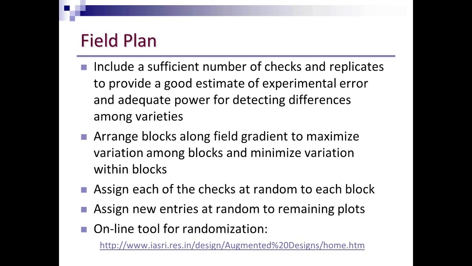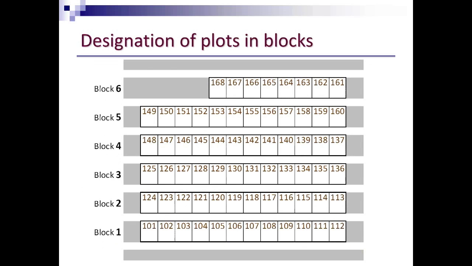You have to assign each of your checks at random to each block, and then after that you would assign your new entries at random to the remaining plots. There's also an online tool to generate a randomization. I just use the random number generator in Excel to do mine. It's not hard to do, but that online tool is available.